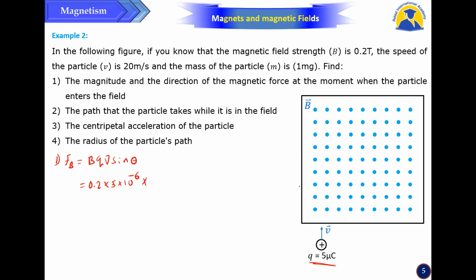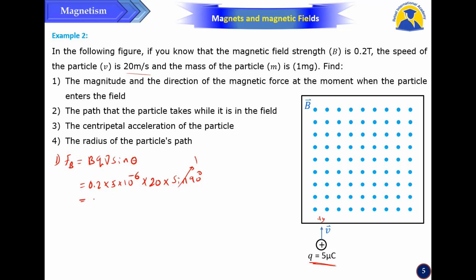V is the velocity, 20 meters per second. And the angle between the magnetic field direction and the velocity: the direction of the velocity is positive y, and the direction of the magnetic field is positive z. So the angle between these two axes, y and z, is 90 degrees. So here sine 90 degrees equals 1.